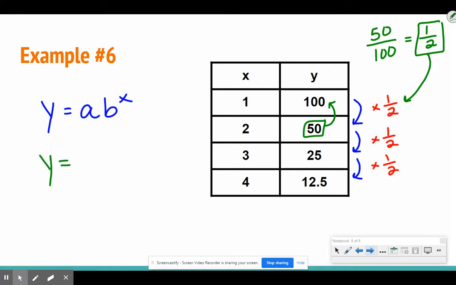A doesn't change. A is always, always, always our starting value, which is 100 in this case. B is always what we're multiplying by. So I'm not going to put 2 in there or dividing by 2. I'm going to put 1/2 because I'm multiplying technically by 1/2. That's the same thing as dividing by 2.